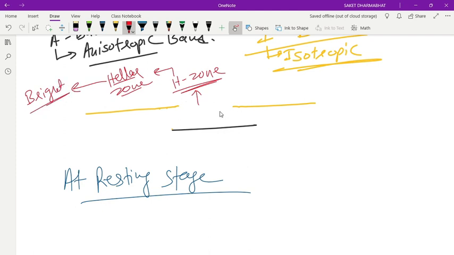The brightness of this place is very, very high. That's why it is called the H zone. So at the resting state, both ends of the thick filament are partially overlapped by the thin filament, and the middle portion not overlapped by thin filament is called the H zone. Up to here understood? Okay.